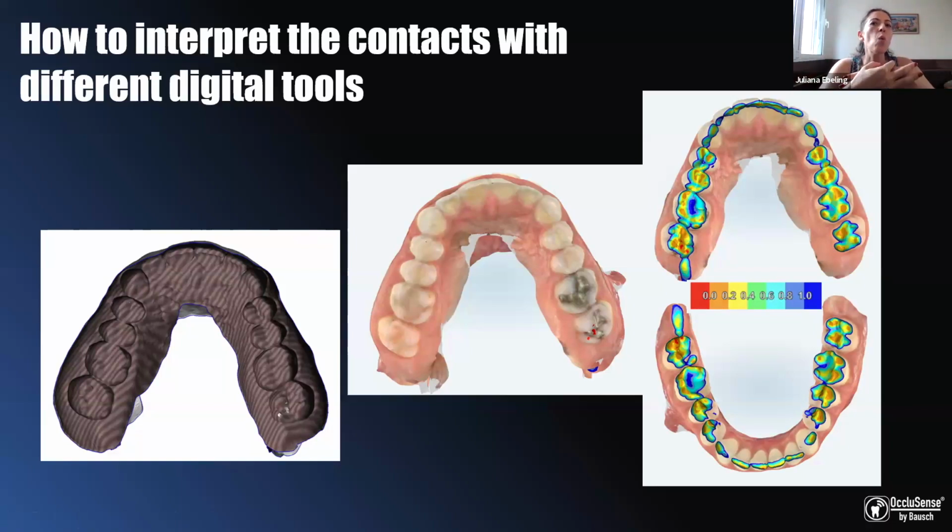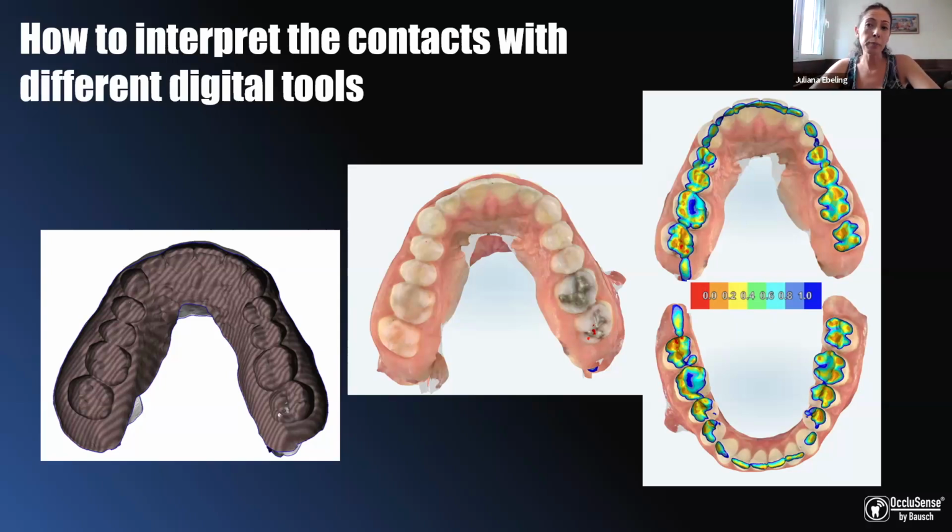And we will understand why. Because the scanner brings us less than a paper and less than the OccluSense. And it's useful, of course, but we have specific situations when we use a scanner and when we use OccluSense.